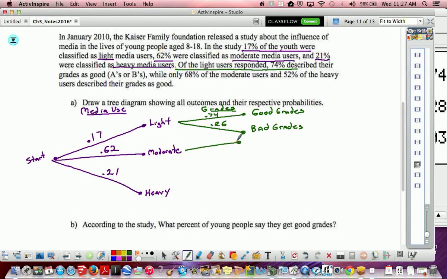We're going to do the same thing here for moderate. So according to the information, only 68% of the moderate users describe their grades as good. So 0.68 is good grades, while 0.32 describe it as bad grades.